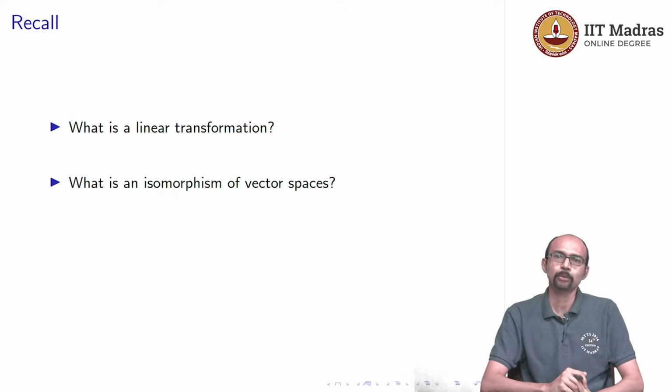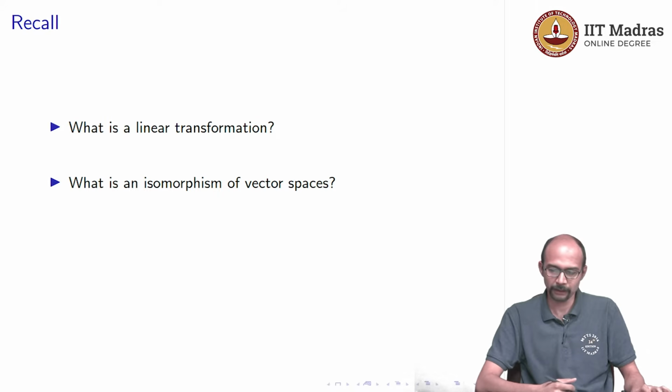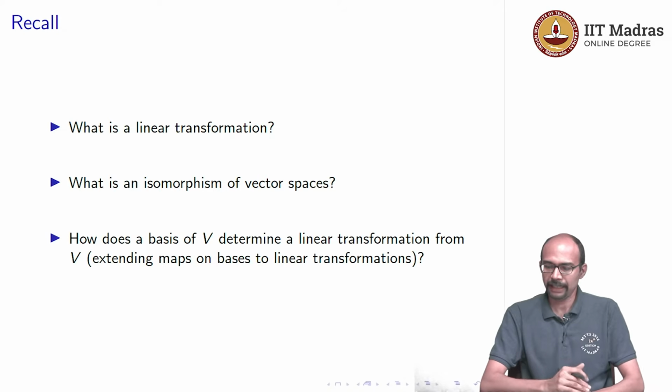We have seen what an isomorphism of vector spaces is, namely a linear transformation which is a bijection. And finally, we saw in the previous video that a linear transformation is determined by the values it takes on basis vectors.